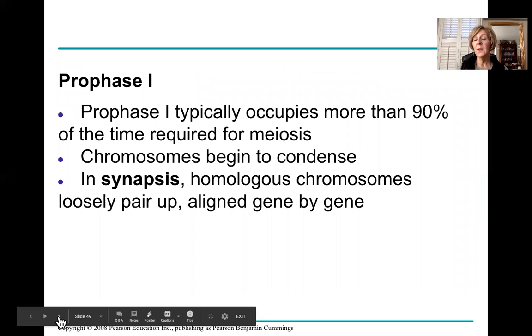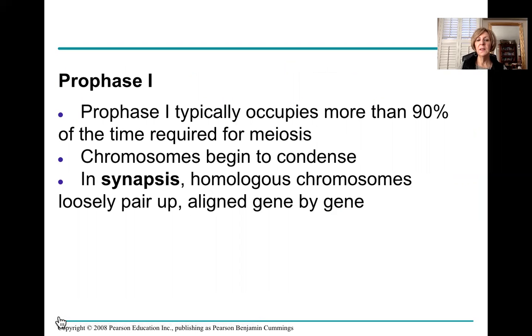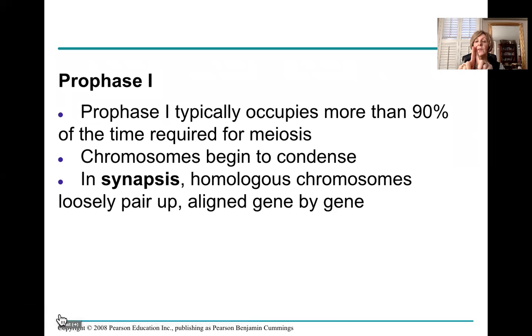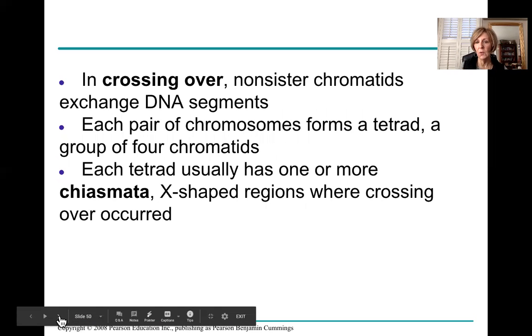Prophase 1 of meiosis 1 is very time consuming. It takes 90% of the time that I have for meiosis. The chromosomes line up, and then we said we have synapsis. They line up, and then some of the arms may overlap each other. That's called a chiasmata, and they may cross over.